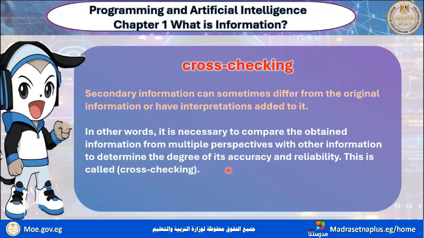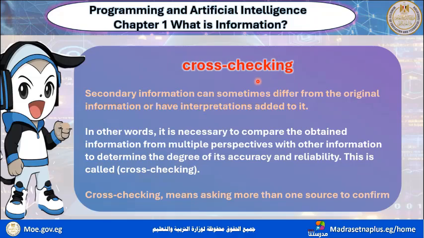This is called cross-checking. It means to ask more than one source to confirm the information. So, if someone tells me information, I need to ask another to make sure that this information is reliable, is true. Okay? Not modified, not changed, or there are lies in between. So we call this process cross-checking.